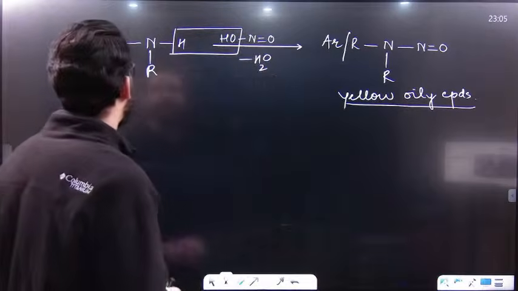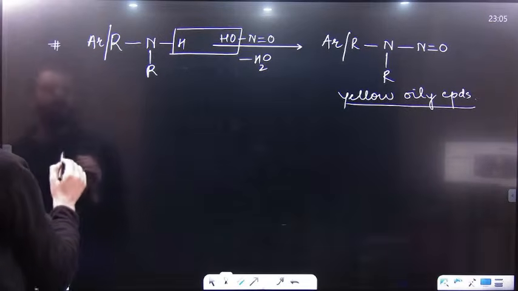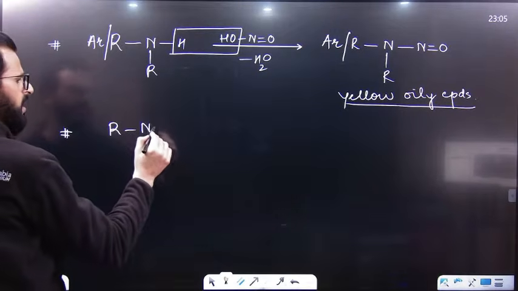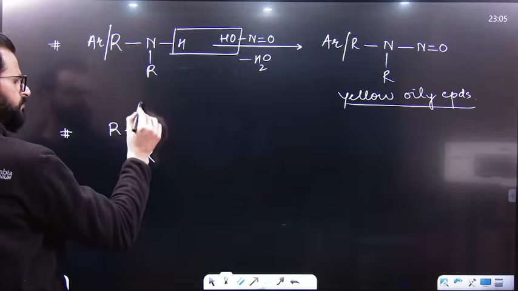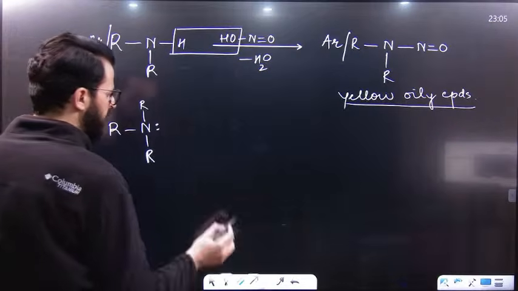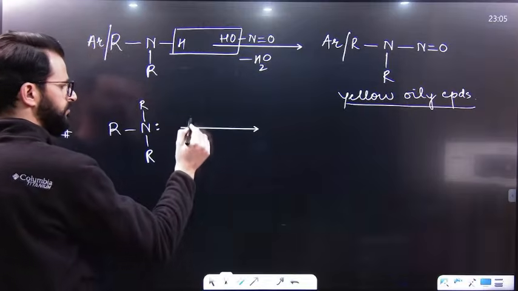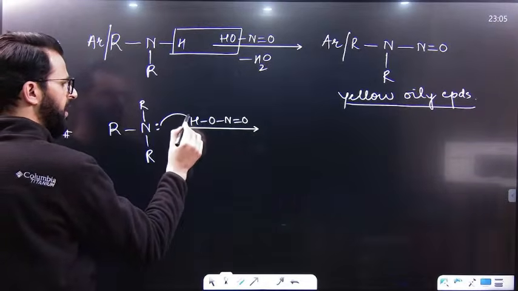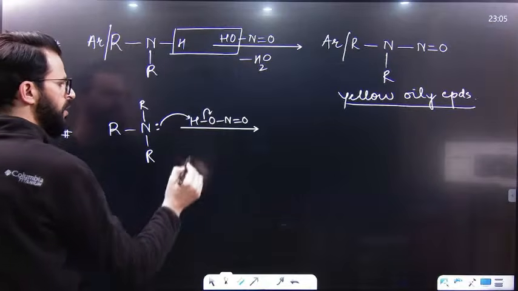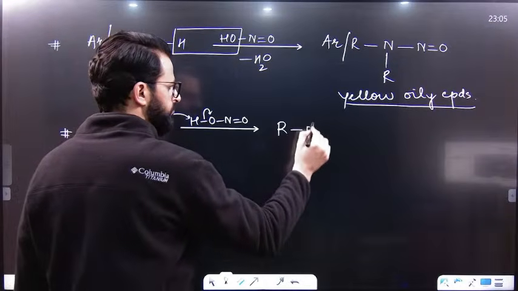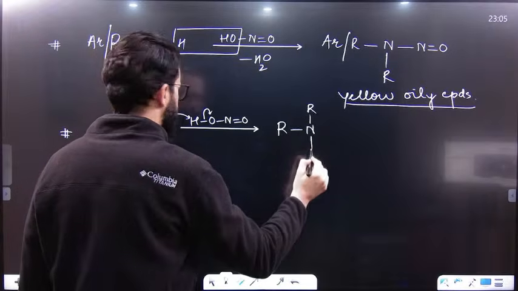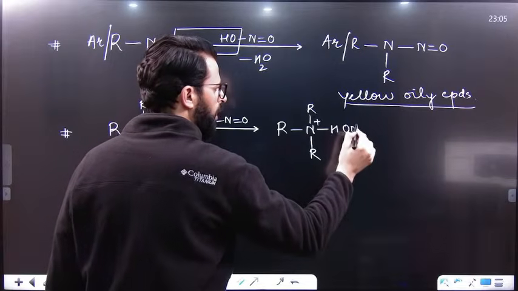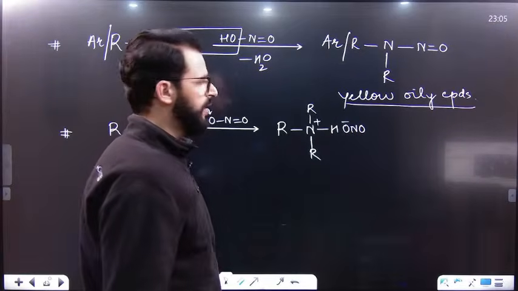After that, if the amine is a tertiary amine, say for example an aliphatic tertiary amine, when it reacts with nitrous acid, it can simply abstract this hydrogen, so it can form a species like this, and to this positive charge the NO2 minus will attract.